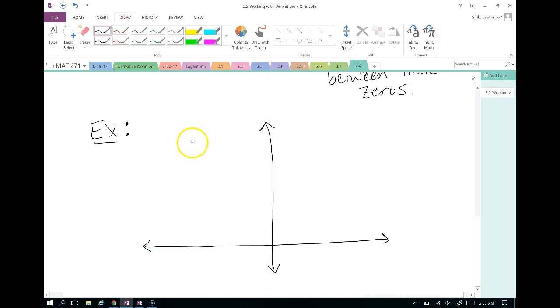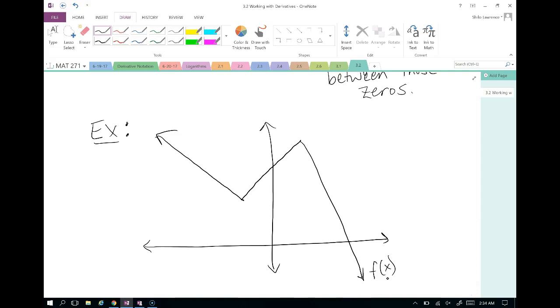If we have, let's say, it pretty much looks like 3 linear functions all pieced together. This is our f of x. And we want to try to estimate, get an idea of what our derivative function looks like.